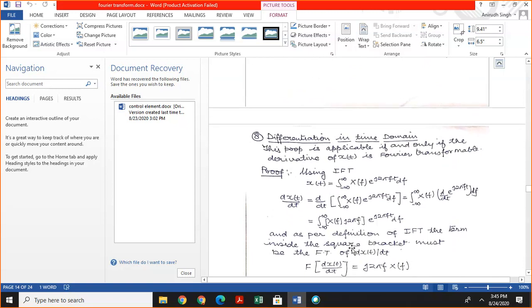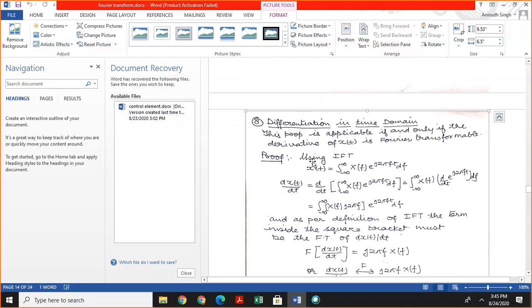Differentiation in time domain. X of t using the IFT is given by integration minus infinity to plus infinity x of f exponential j 2 pi f t df. Differentiate this x of t, we get dx of t by dt.